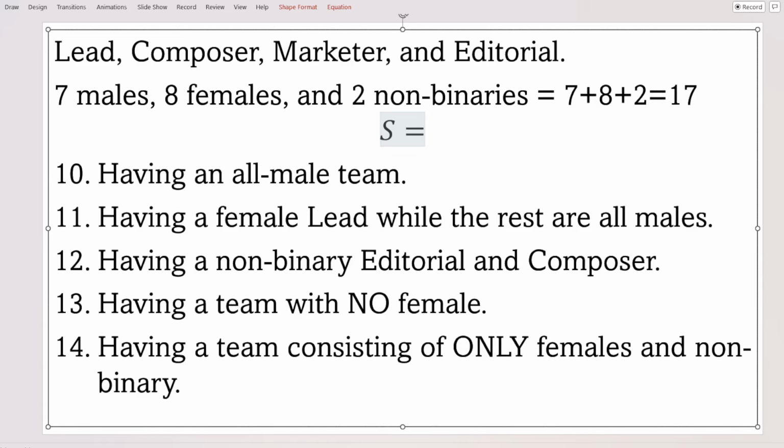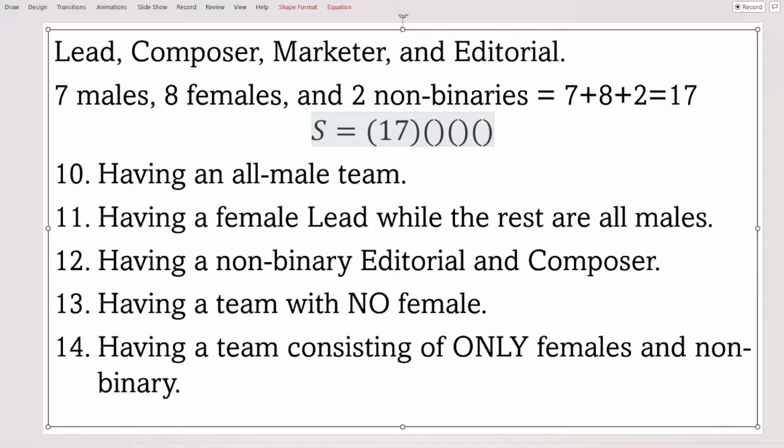Okay, now let's look at S first. What is the number of outcomes when we select without condition? Okay, all the possible outcomes selecting without condition, they are just the same. So you can look at it this way. You can look at it as boxes. Okay, for the first box, for the lead, how many choices do we have? Anyone can be a lead, so we can have 17 choices.